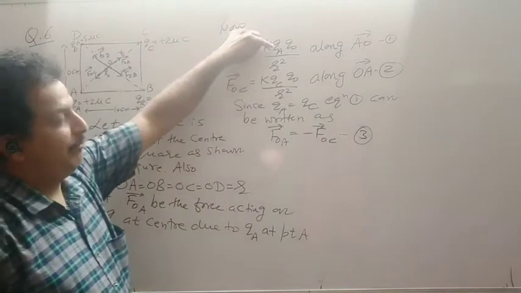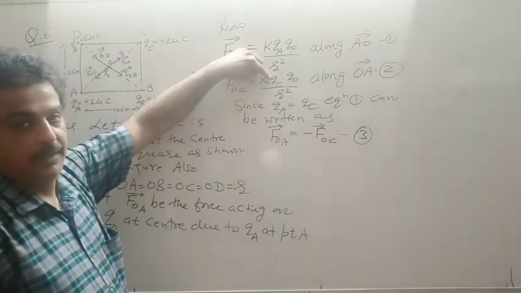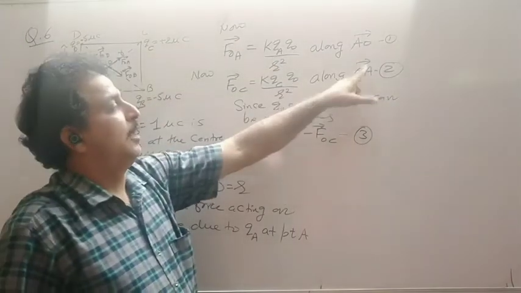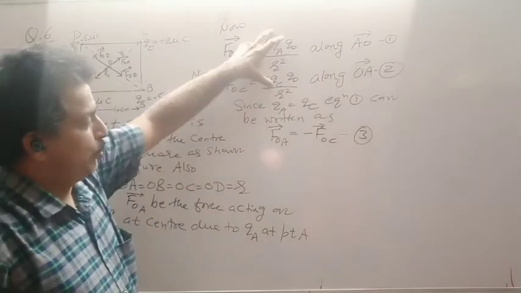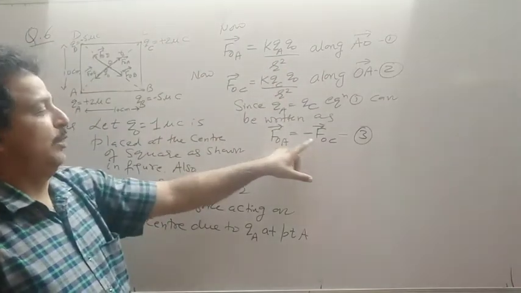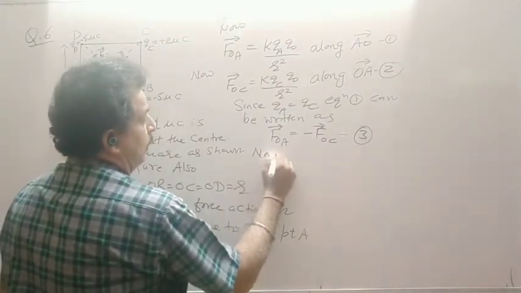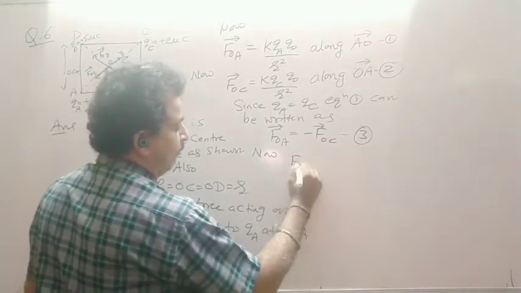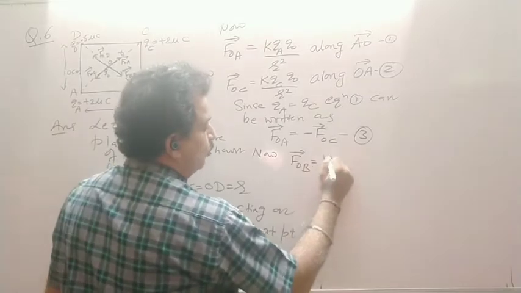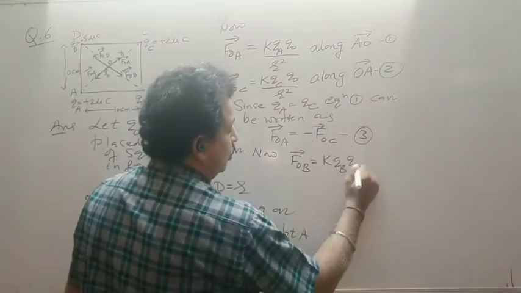So the magnitude of A and C is same but their direction is opposite. Now similarly we can find out F naught B, that is equal to K Q_B Q naught upon R square.